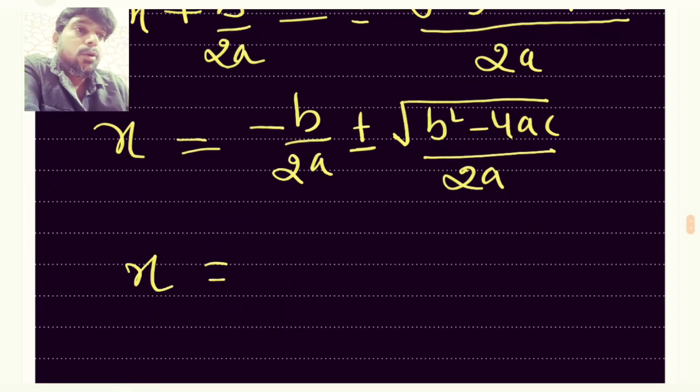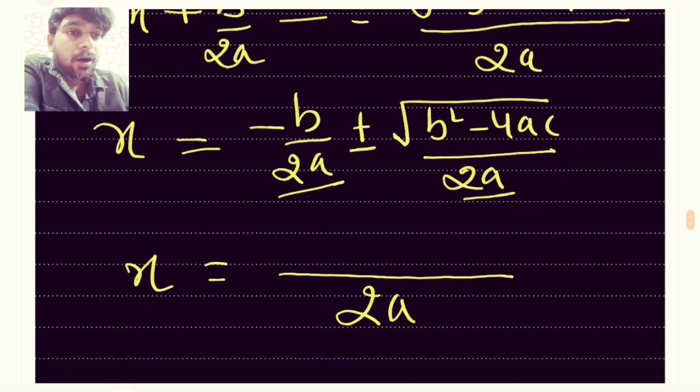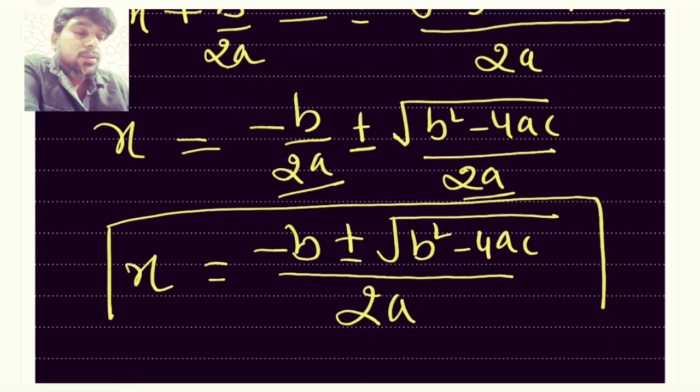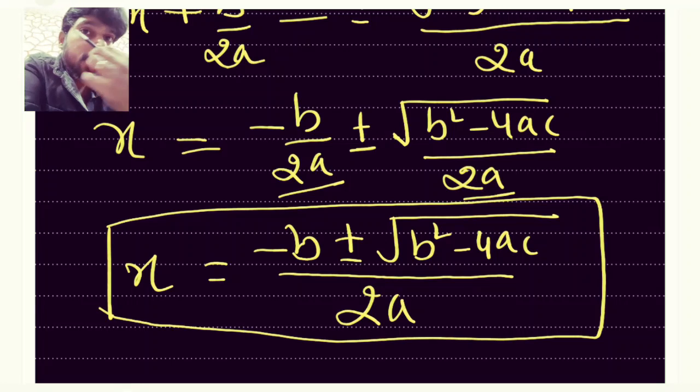So x is equal to 2a here, both the denominators having 2a. So 2a will come this way, right? And at the top, that is the numerator, will become minus b plus minus under root of b square minus 4ac, right? So this is a very important formula to solve quadratic equation. With the help of this formula, you can solve any quadratic equation.